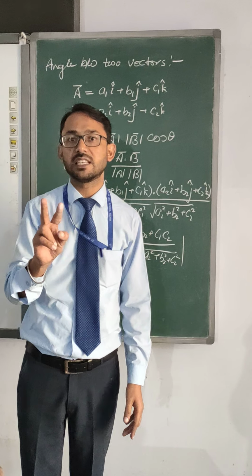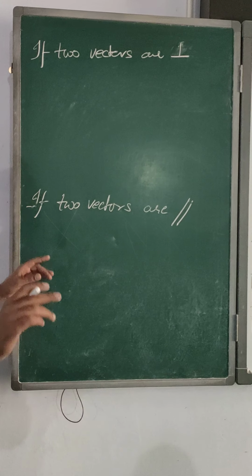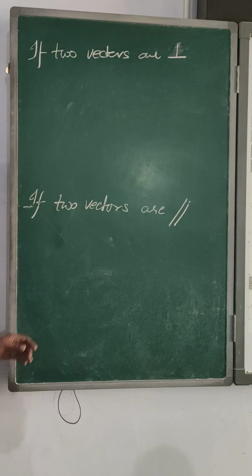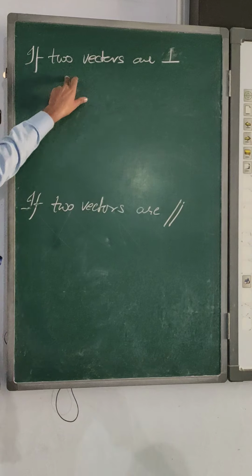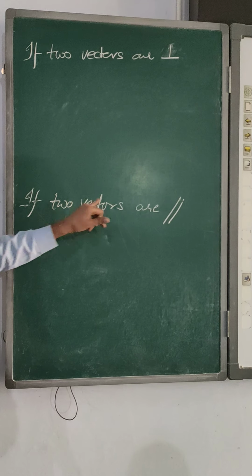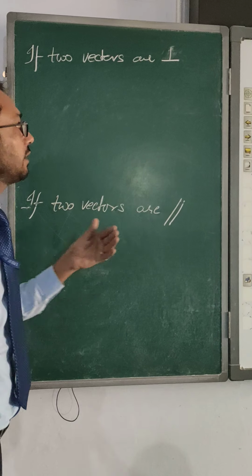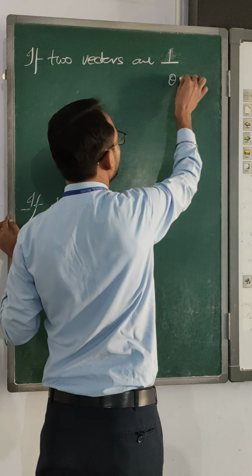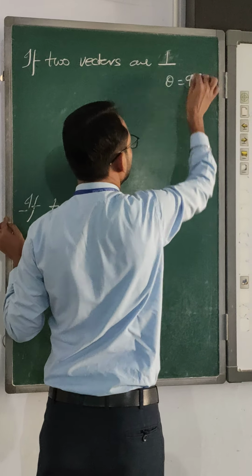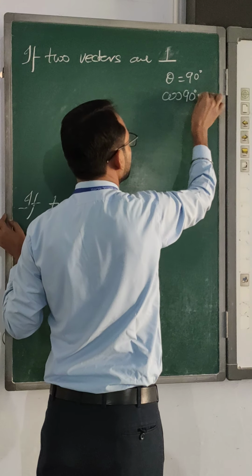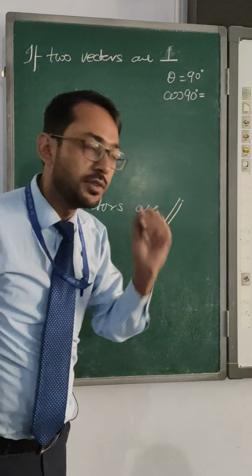Now two special cases for it. The special case, if the two vectors are perpendicular or two vectors are parallel. So first case, when the two vectors are perpendicular, at that time theta will be equal to 90 degrees, and we know that cos 90 degrees is equal to 0.